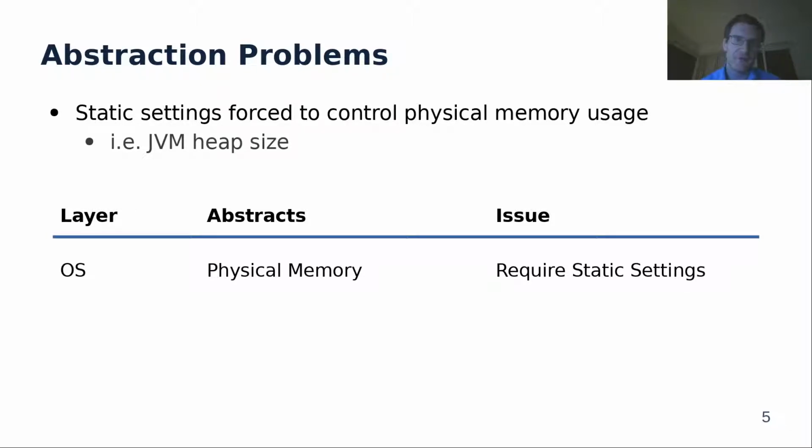First, at the very bottom, we have the OS, which abstracts away physical memory. This leads to applications falling back to static settings, such as the JVM heap size, to try and limit their memory usage. By limiting memory usage, these applications attempt to avoid paging, but are completely unable to adapt to changes in both their own memory demands and system memory availability.